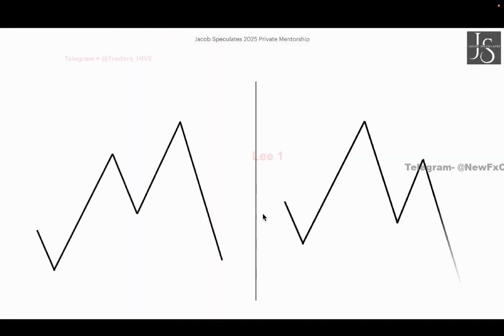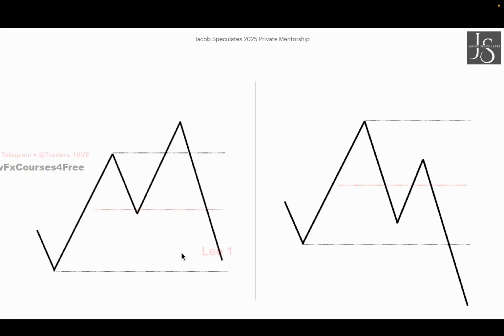So let's say we're comparing two assets and we have our premium and discount outlined. This might look a little bit different or a little bit weird because in this diagram we're using this high to this low, when typically you would use something like this high to this low.